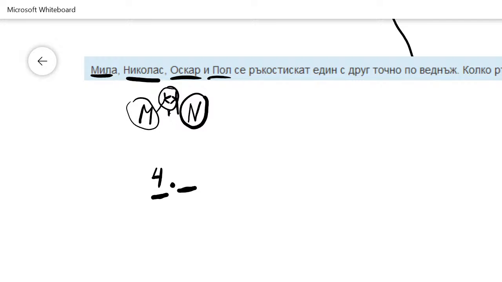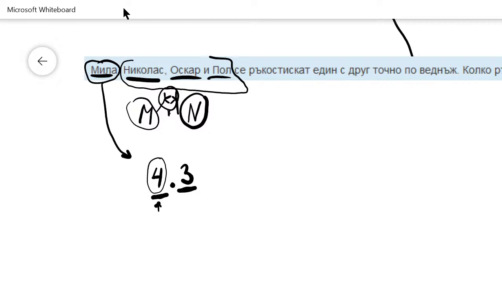And in the second position, we have 3 people, because if on the first position we choose Mila to be the one person, the other ones have 3 persons to choose from. So 4 multiplied by 3 is equal to 12. Yeah, 12. So we don't have the answer 12.